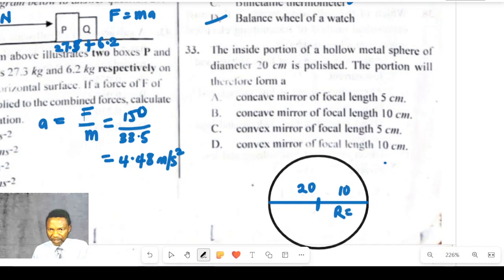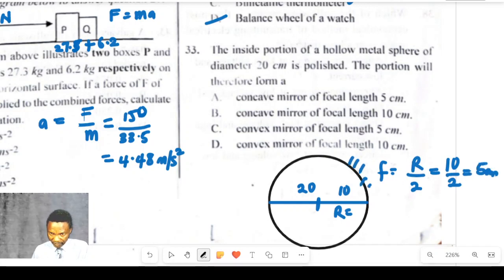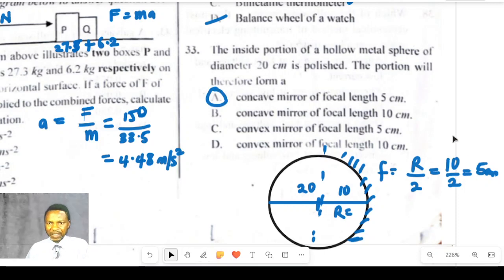The focal length f is equal to R over 2, which is 10 divided by 2, so it's equal to 5 cm. And then they say that the hollow part, the part inside, is shiny. So if I cut this, it's going to form a concave mirror of focal length 5 cm. So the answer is A, number 33.